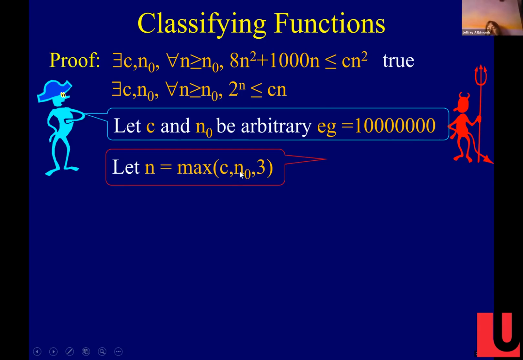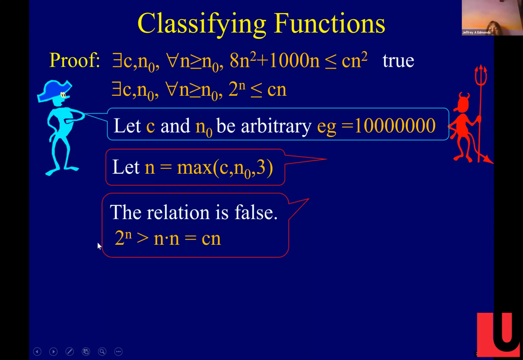His n better be bigger than my n naught, because that's the requirement. And we'll see later, I also need my n to be bigger than 3. So I come up with this c and an n naught, and the adversary comes up with a bigger n. Now let's see who wins.